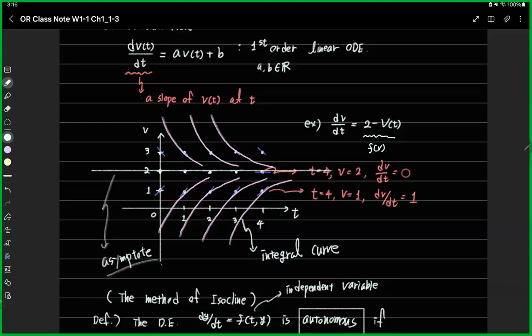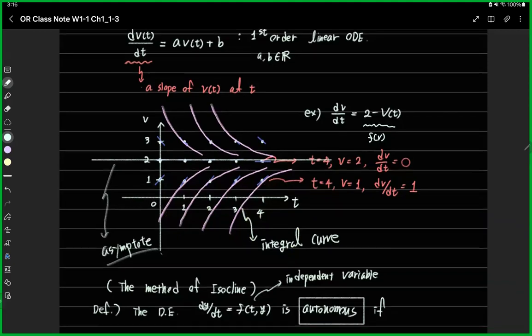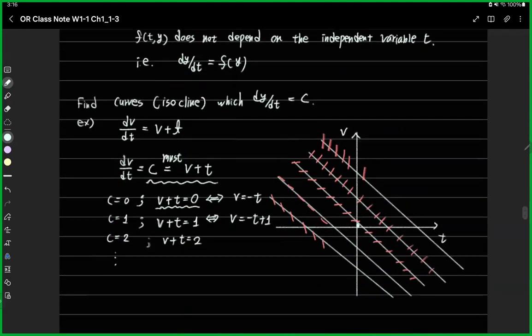Depending on the initial condition, we're going to have many exact solutions, right? So a graph of one exact solution is called an integral curve. By figuring out the isocline, we can easily plot the graph of the integral curve. You just connect the line segments crossing the isocline.